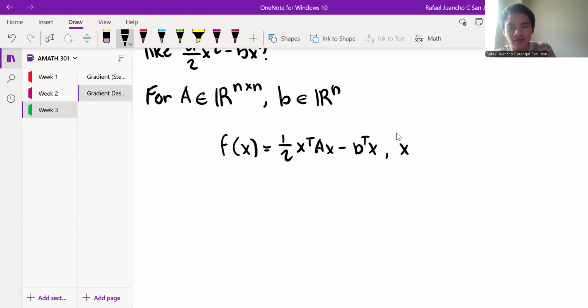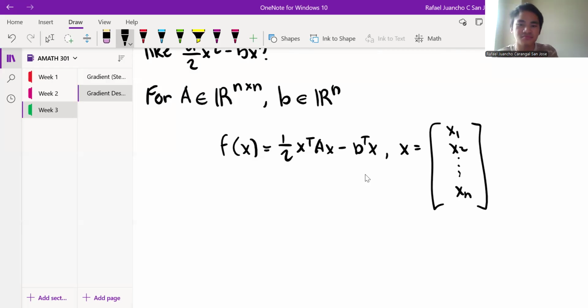And here, my x is a vector from x1, x2, all the way to xn. We're going to consider that function.